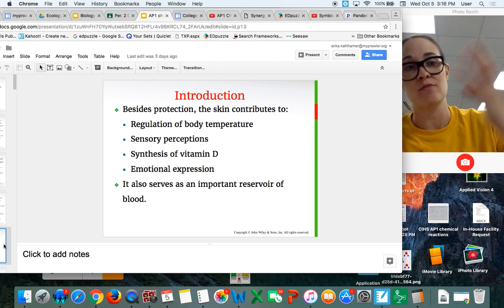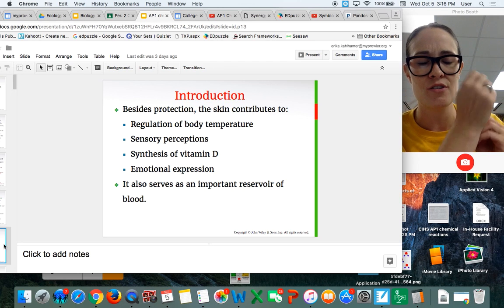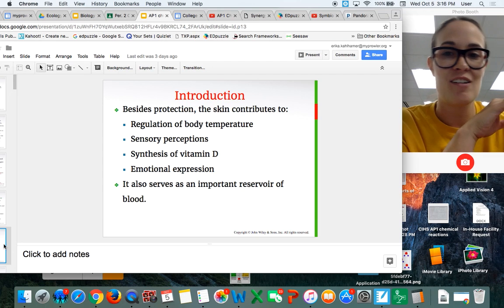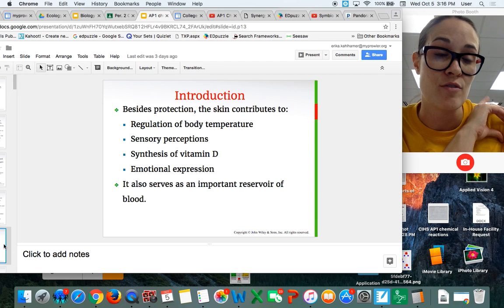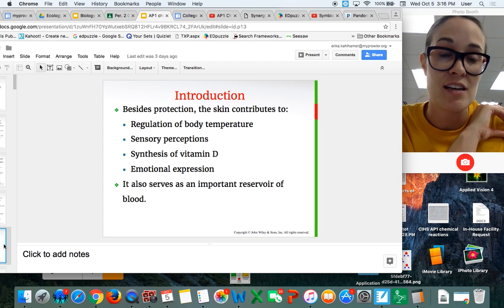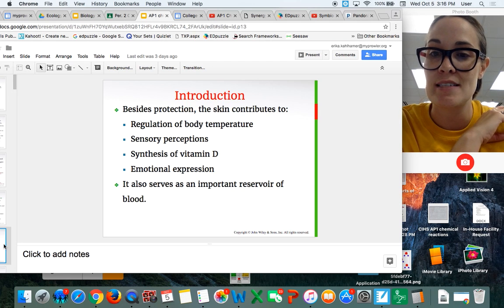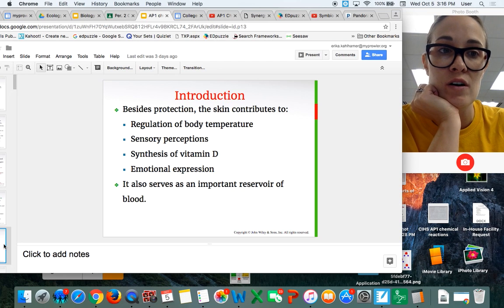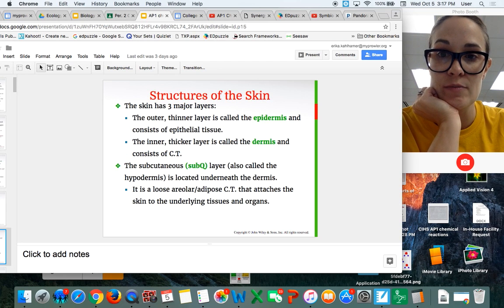It synthesizes vitamin D when the sun hits your skin. It activates the pro-vitamin D to the full vitamin D form, and also for facial expression. Your skin contributes to that: fabulous dimples and wrinkles and all those things. And then it's also an important reservoir or holding tank for blood in your body.